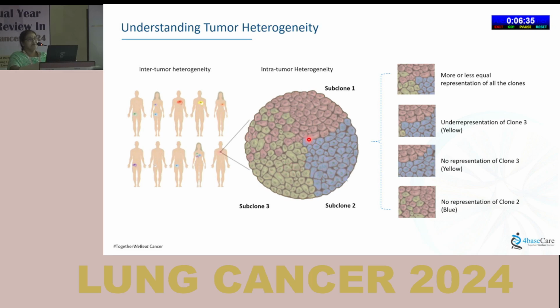When you do a ctDNA, you are able to get a holistic picture of the disease, not just from the location where you biopsy, but also from the DNA bleeding into circulation. So intra-tumor and inter-tumor heterogeneity is one of the main achievements that you get with ctDNA.